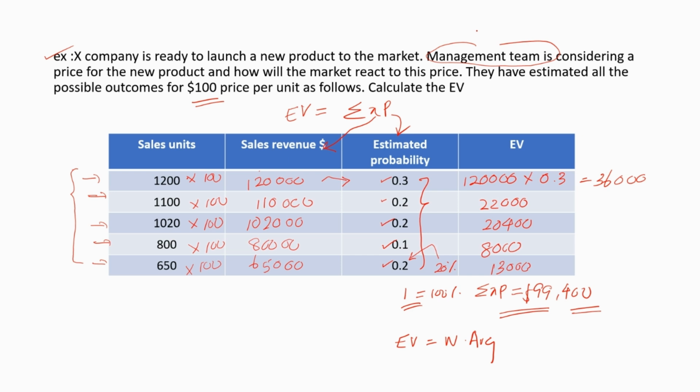So the probabilities can be subjective. Subjective means the opposite of objective. Subjective means it can change based on the person. Objective means it does not change based on the person. So the probabilities for the calculations can be subjective. This is a limitation of expected values.